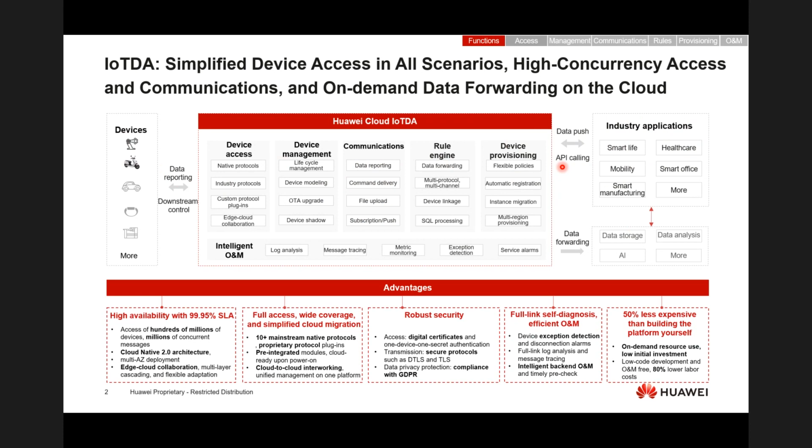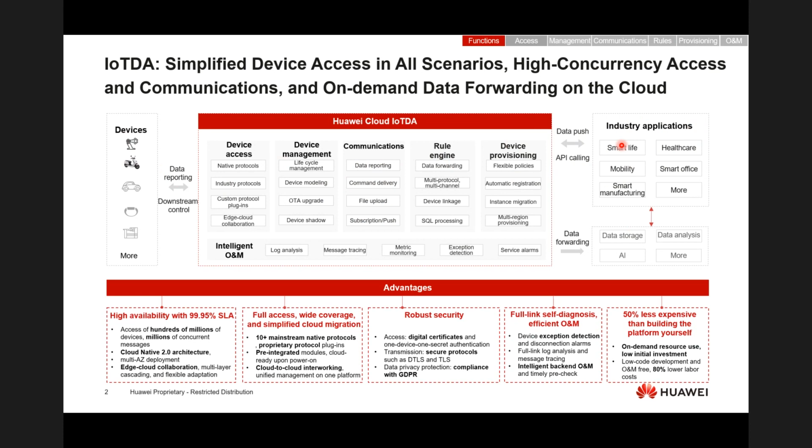As you can see here, for example, if you already have your application and you want to know the device status, so that if the status of your device changes, you want IoTDA to tell you the data, you just need to subscribe to the device status notification. It's kind of like an event.